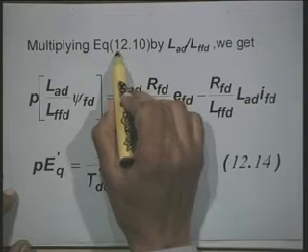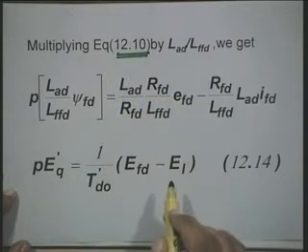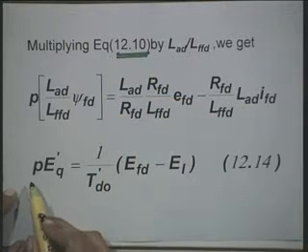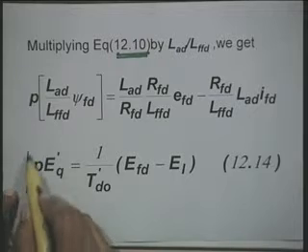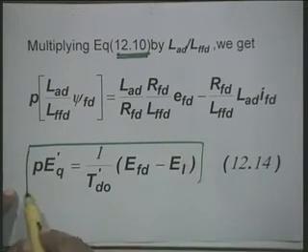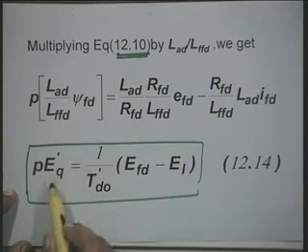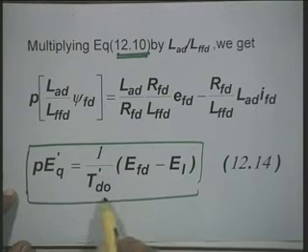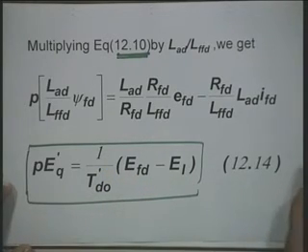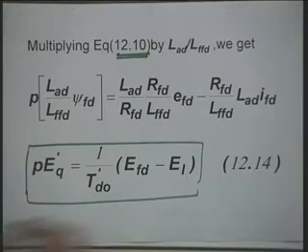Similarly, you can use this equation 12.10 to obtain an equation of the form, that is P EQ prime equal to 1 upon Tdo prime times EFD minus EI. Now, here I think I will just show that equation.